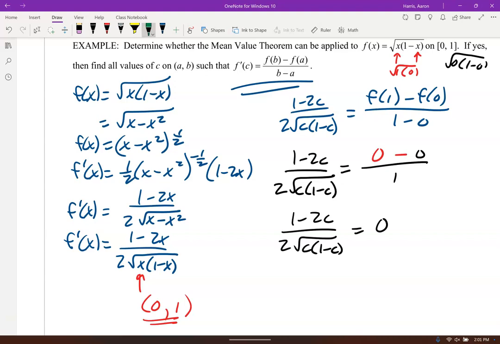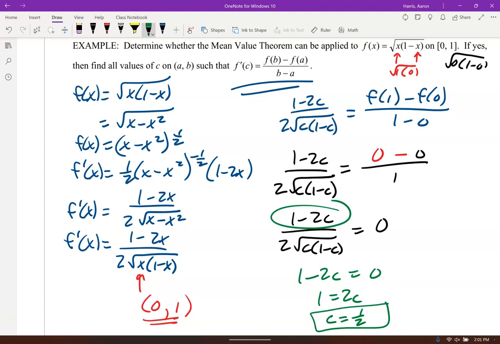Well, if my numerator is 0, then this would be true because 0 over anything is 0, right? Add 2c to both sides, divide by 2. So c being a half, make sure it's in my interval. Of course it is, between 0 and 1. And that's the c value that would make the derivative, whose tangent slope is 0, equal to the slope of the secant.